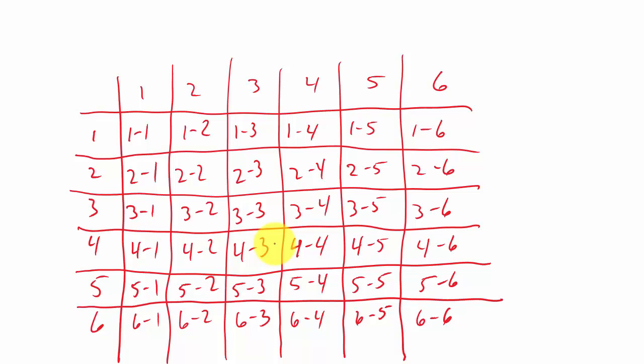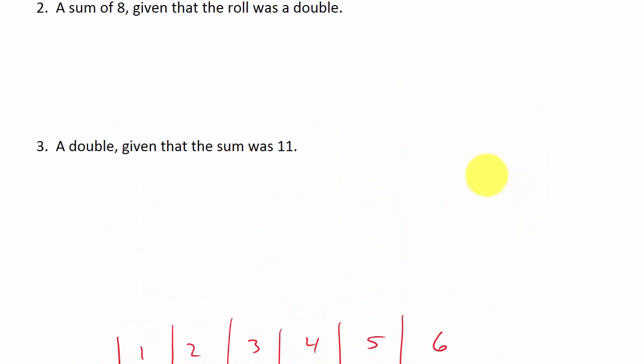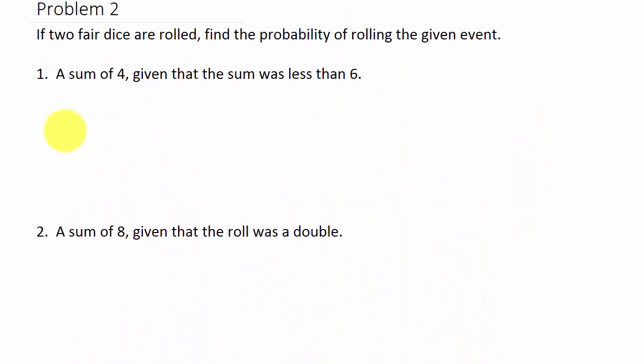Okay, so let's go back up here and see what we've got. The probability of a sum of 4 given that the sum was less than 6. So I'm going to let this represent the set E, and the sum less than 6 represent F. Okay, so I need the probability of E given F, the probability we get a 4 given the sum was less than 6.